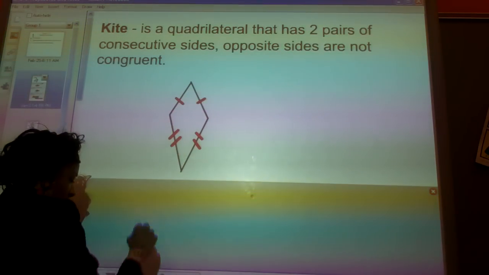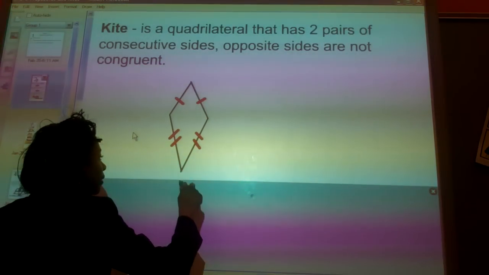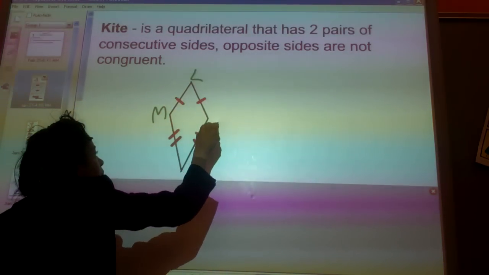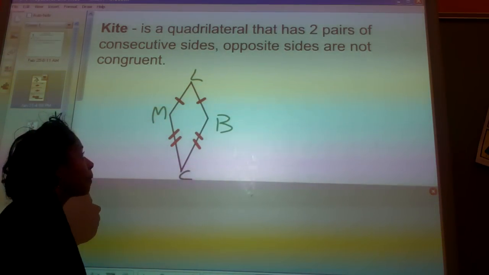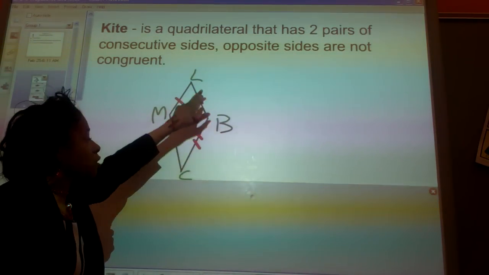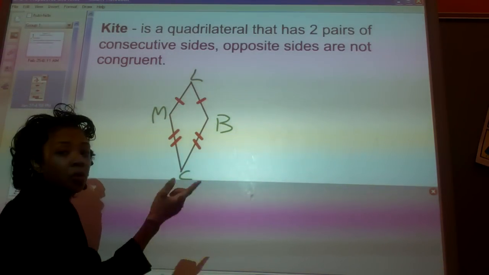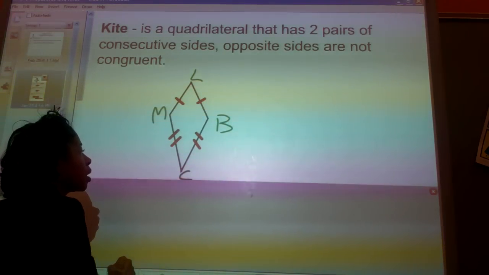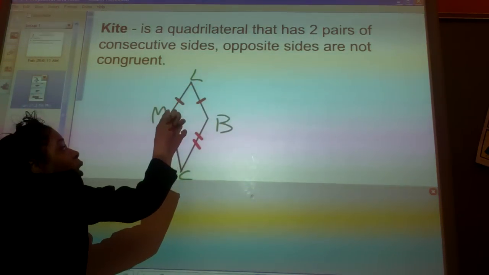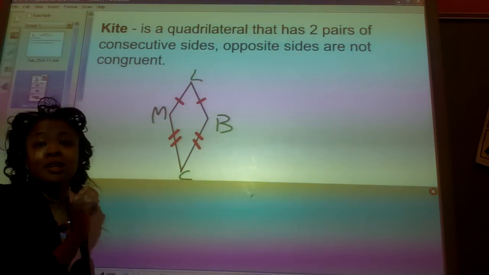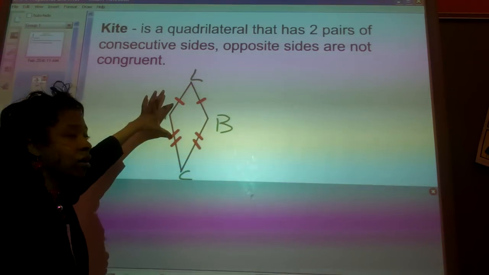If I call this kite MLBC, you see ML is congruent to LB. However, remember the word consecutive means next to, okay? Although LM and CM are consecutive, or next to one another, they are not congruent.